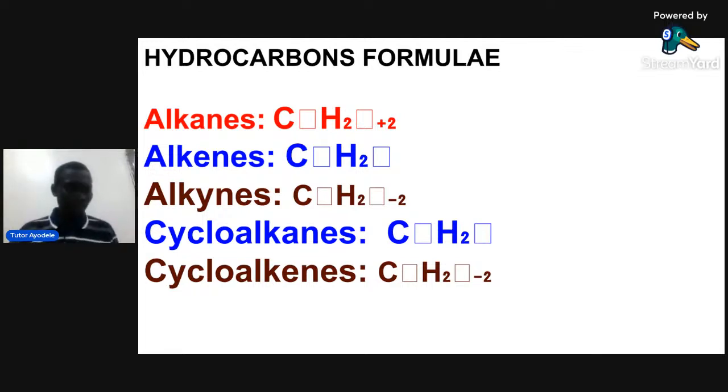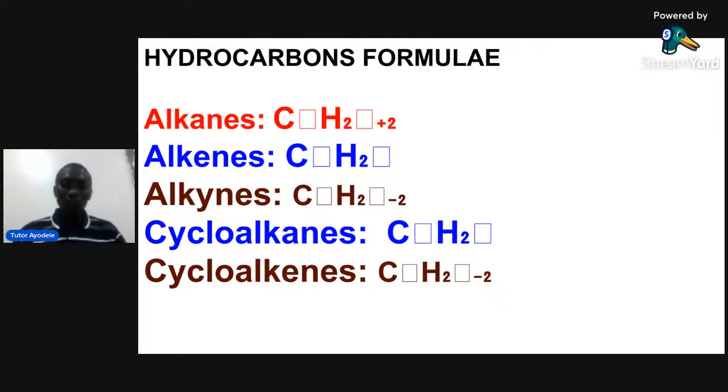This is simple mathematics. It will give us minus 2. So the formula for alkynes is CnH2n minus 2. As I've said, where there is a box here, it represents N.